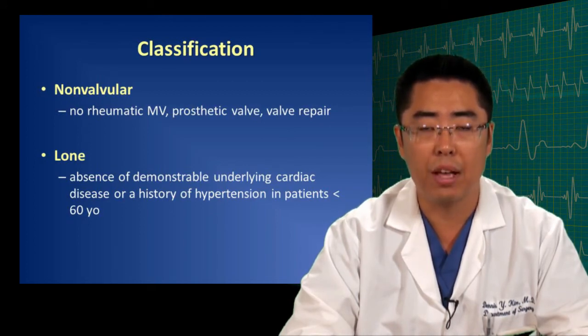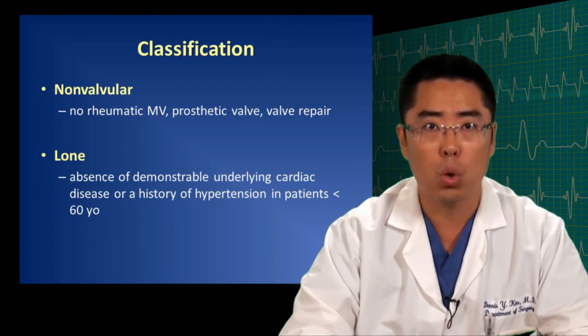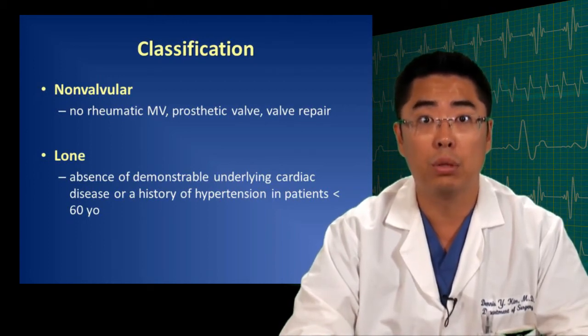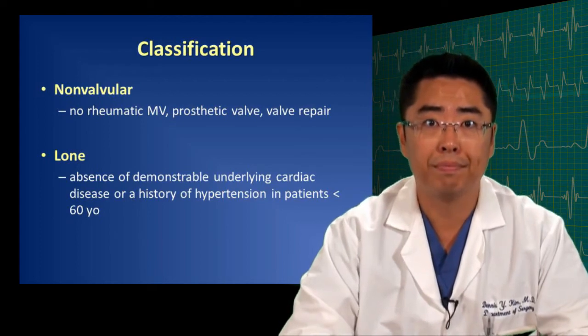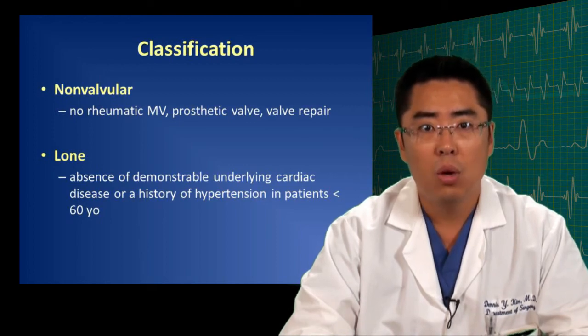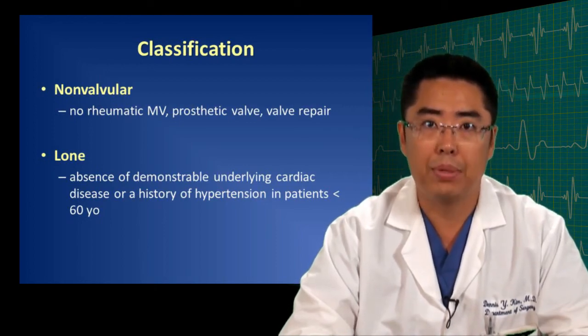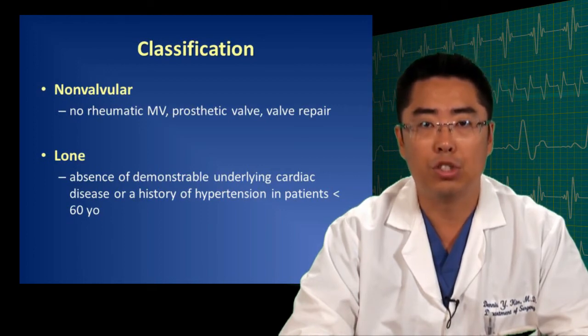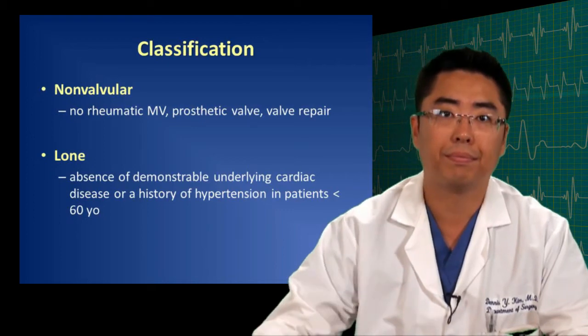As previously mentioned, the risk of stroke in the setting of valvular atrial fibrillation is quite high. Finally, lone atrial fibrillation is another form of AFib, which is usually characterized by the absence of underlying cardiac disease or a history of hypertension in patients less than age 65.